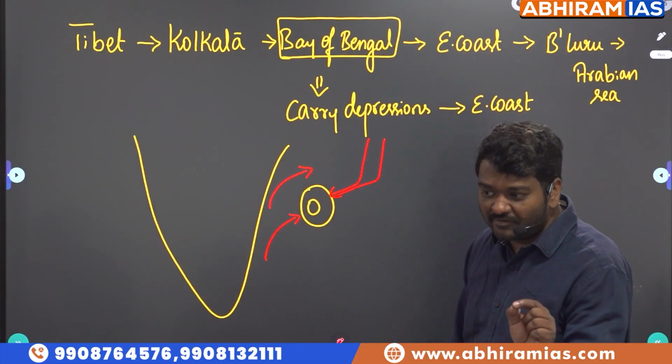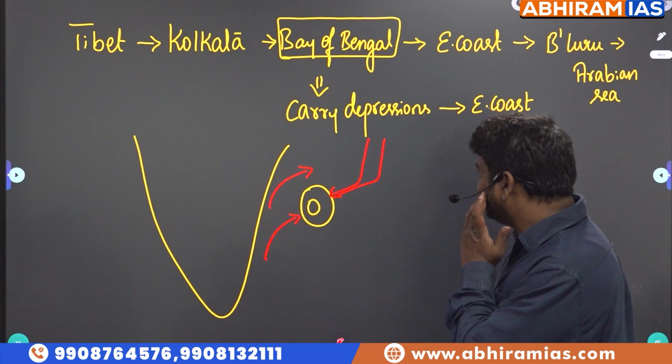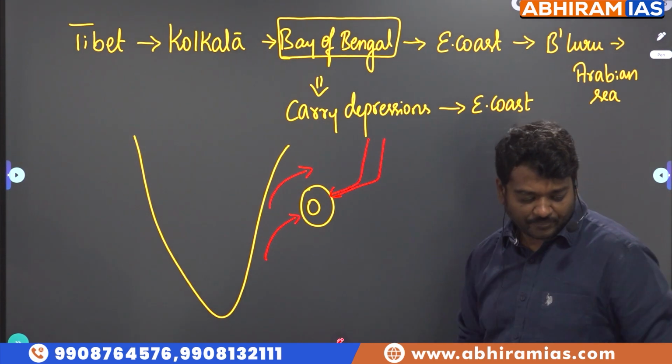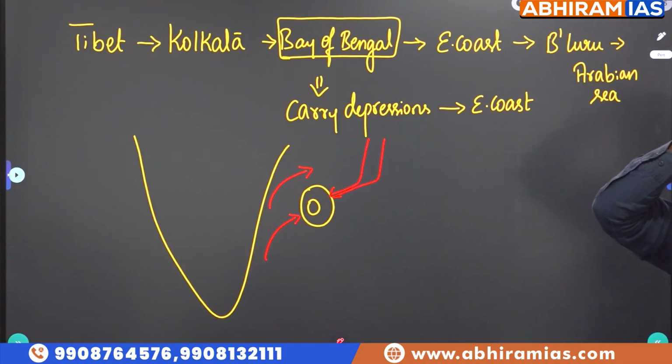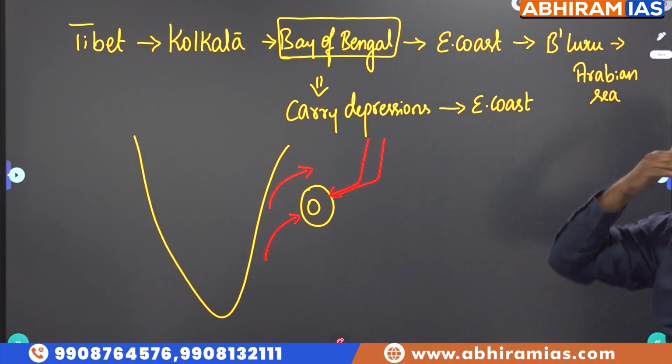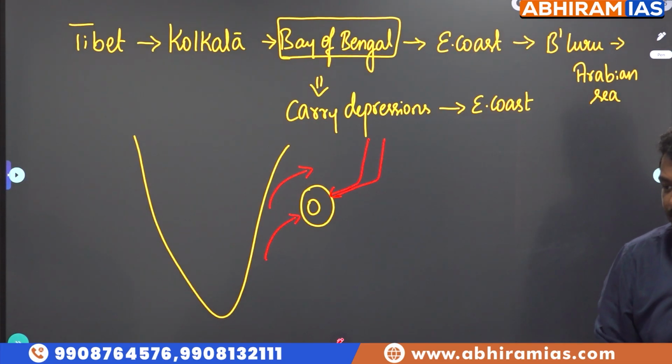So, I'll tell the words, you write. Tropical easterly jet stream, hyphen. They are present during monsoon season. Remember, not throughout the year. These are temporary jet streams. Okay. During monsoon season, you can write temporary jet streams.